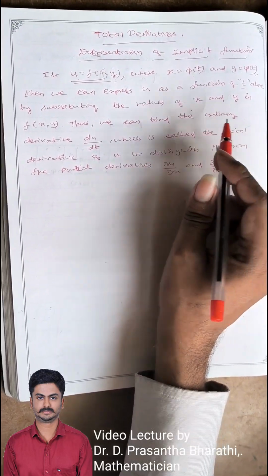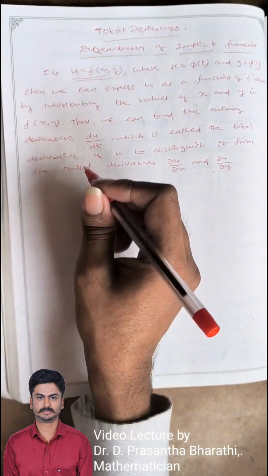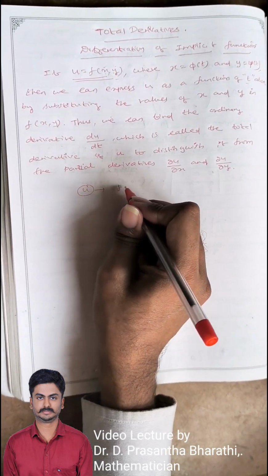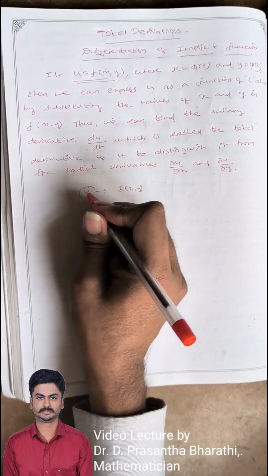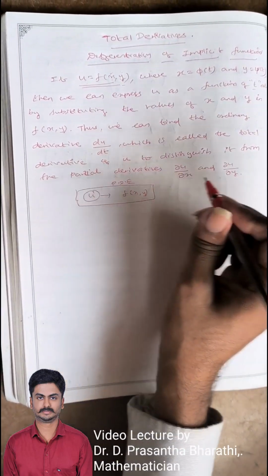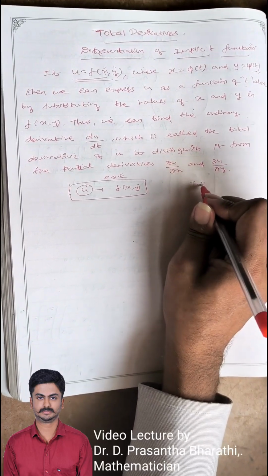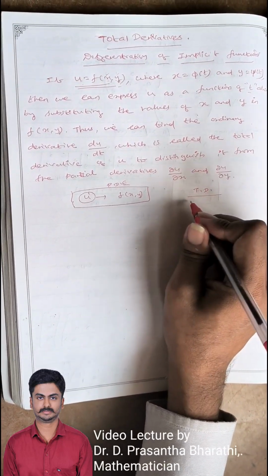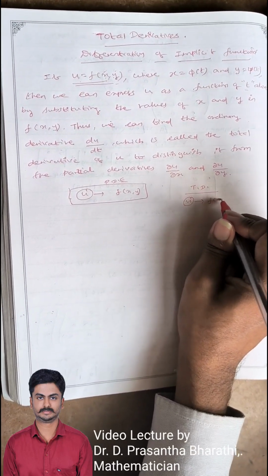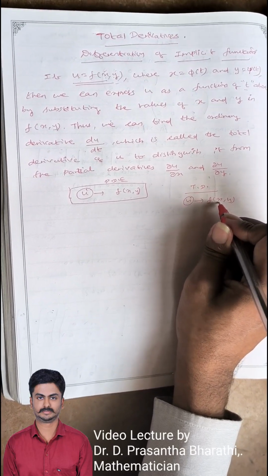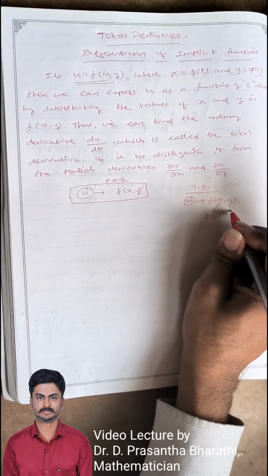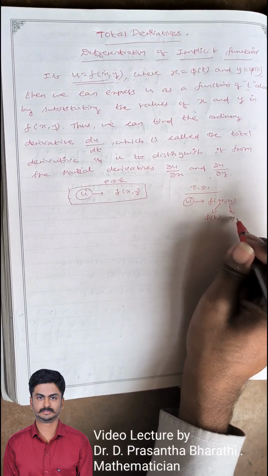So here I would like to mention that in partial derivative u is the function f of x comma y. With this the partial differentiation is over, whereas in total derivative we have u as the function of x comma y. In this x is phi of t, that is a function of t, and y is psi of t.